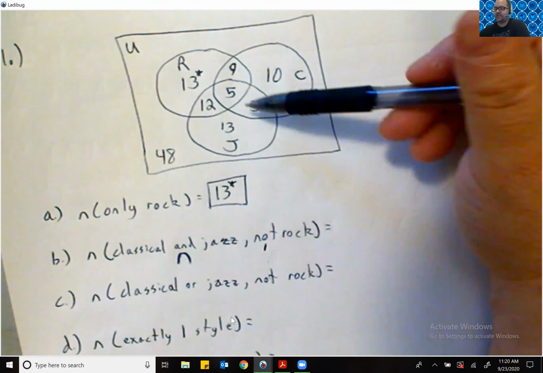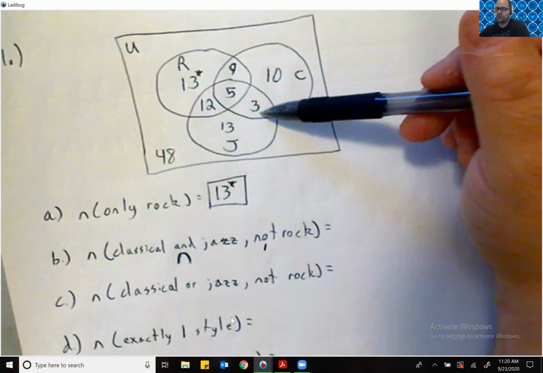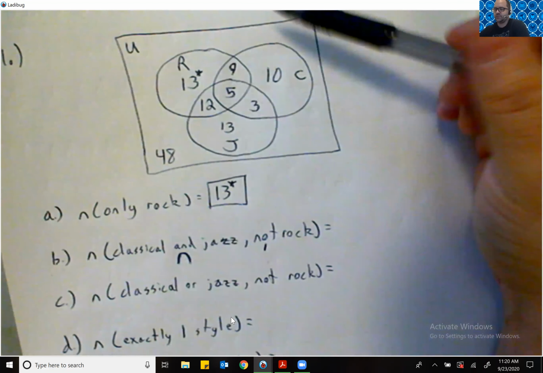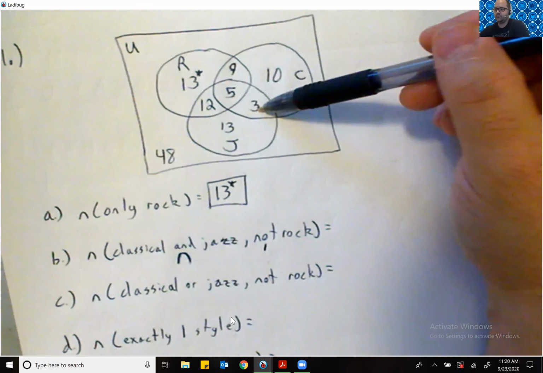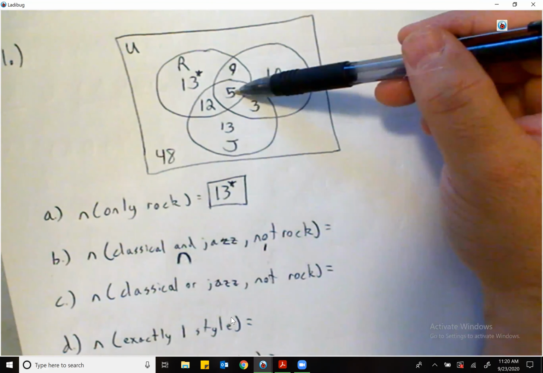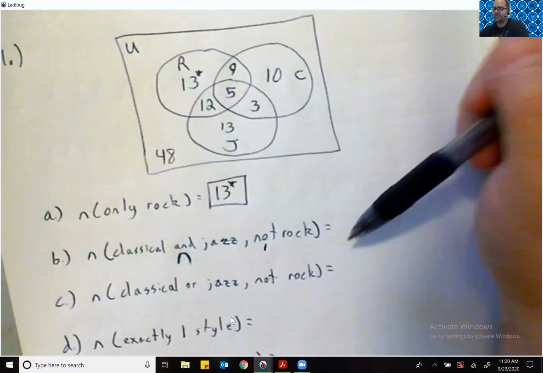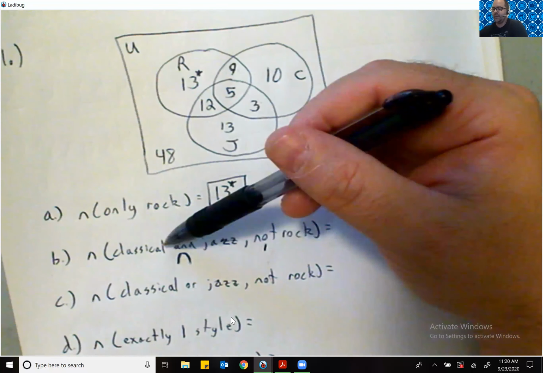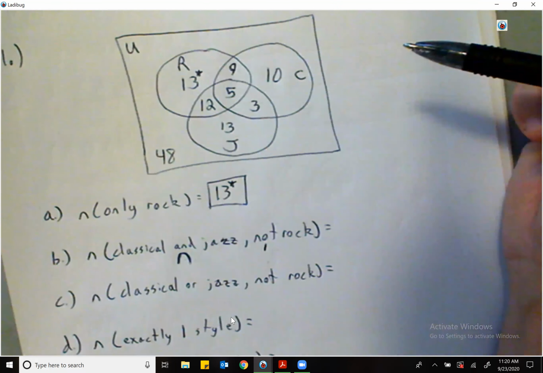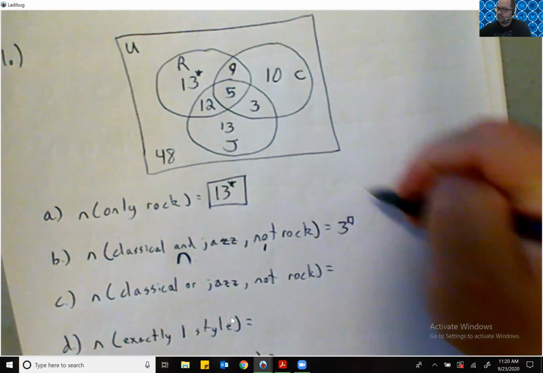Any of these numbers that contain rock, gone. So do any of these numbers disappear? 5? The 5 will, because it contains rock. So what's the answer? How many students listen to classical and jazz but no rock? 3? 3. It's that one right there.